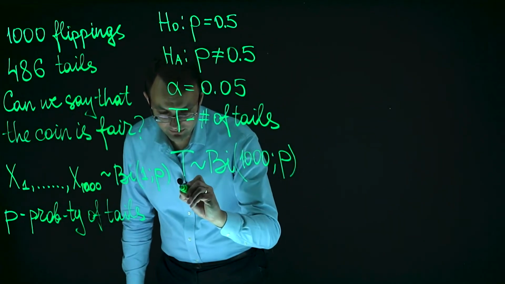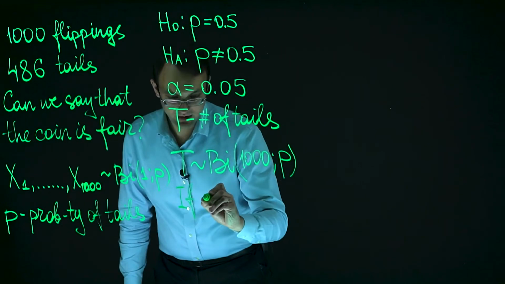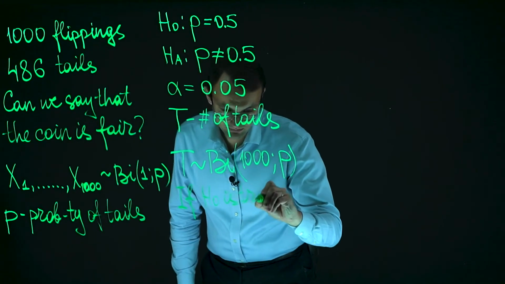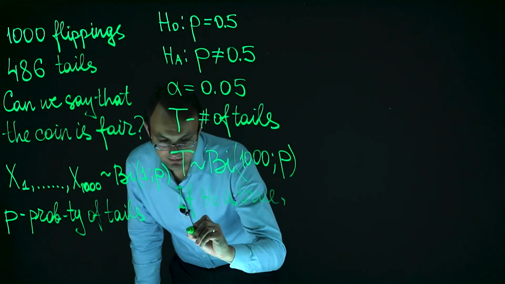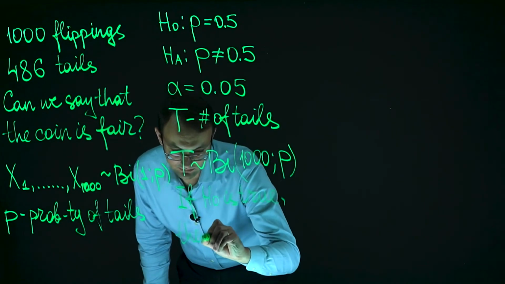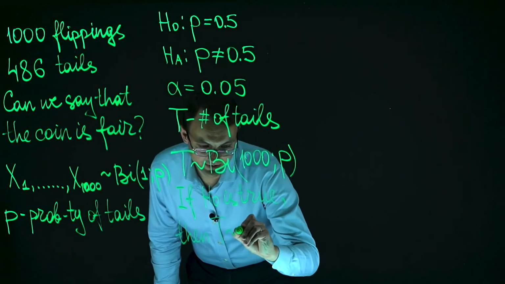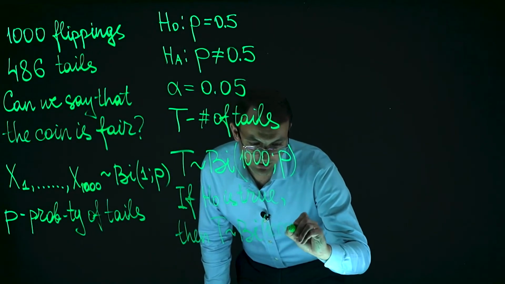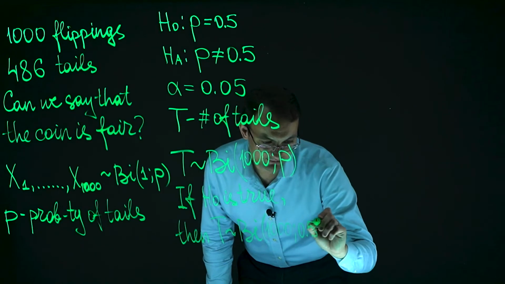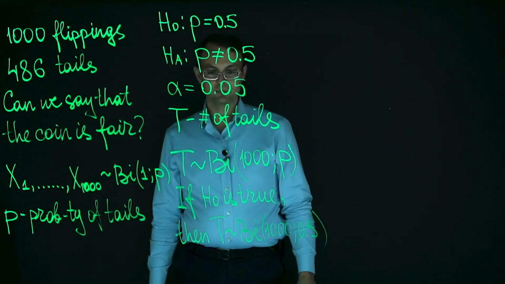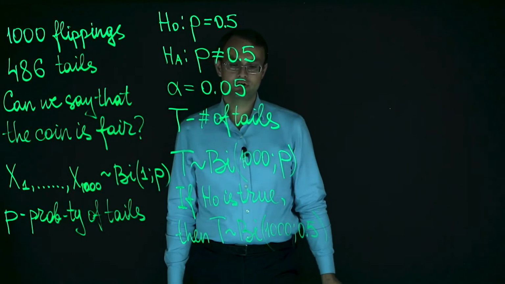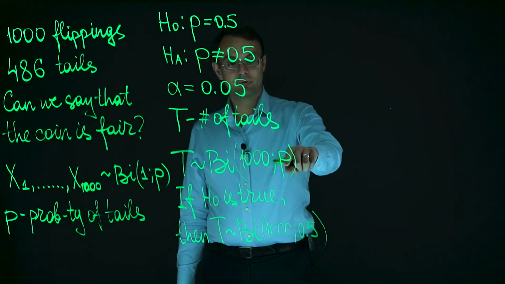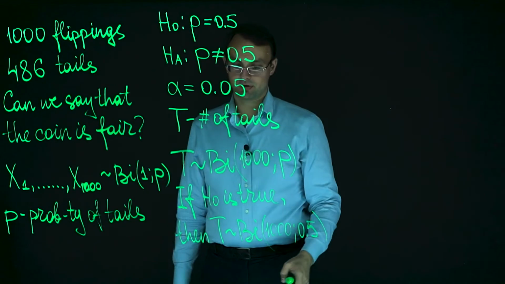So if H0 is true, then T has binomial distribution with parameters 1000 and 1/2. If H0 is true, we can substitute 1/2 for p in this expression.